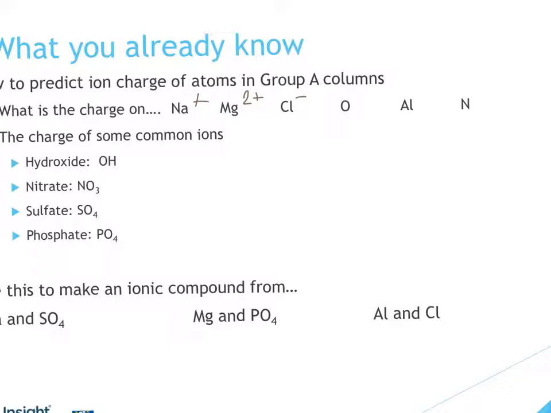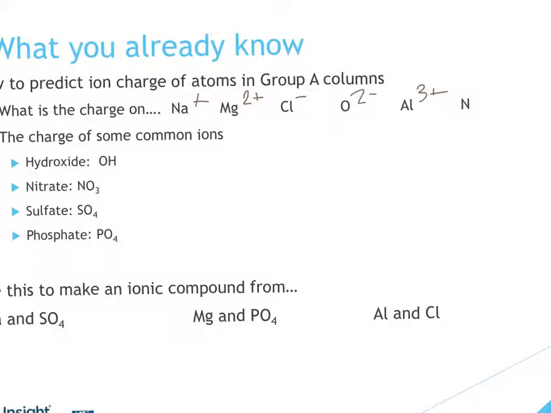Oxygen's in group 6A, so it has 6 valence electrons, 2 away from 8, so we're going to take on 2 electrons. Aluminum's in group 3A. Okay, so 3A, it's easier to give up 3 electrons than it is to take 5. So aluminum will make a 3+ charge.